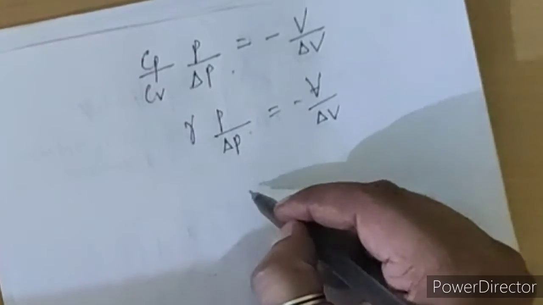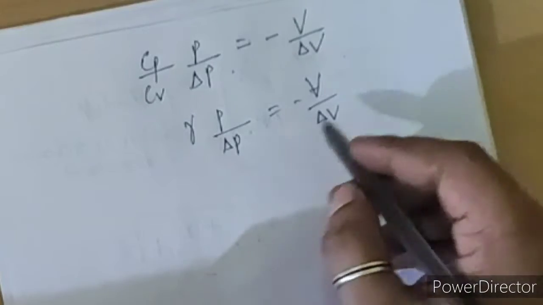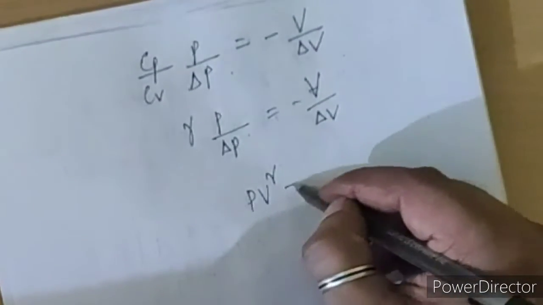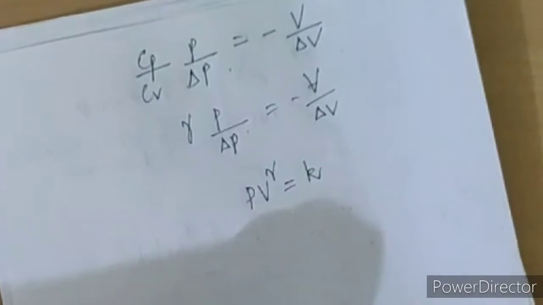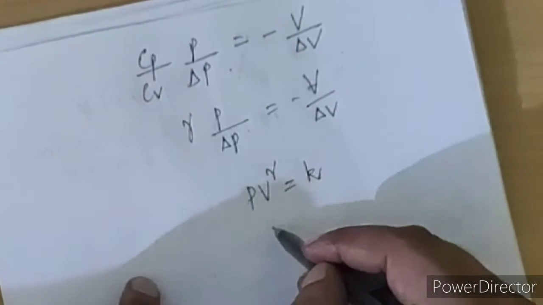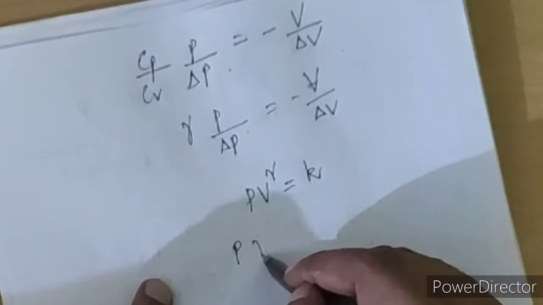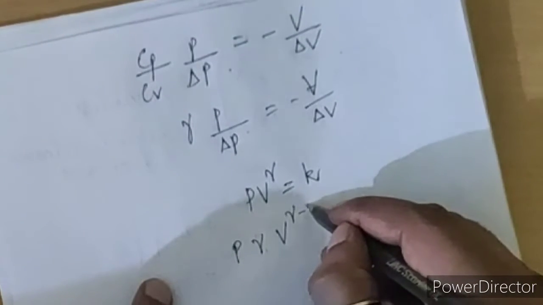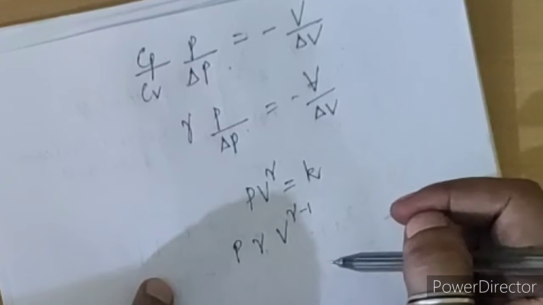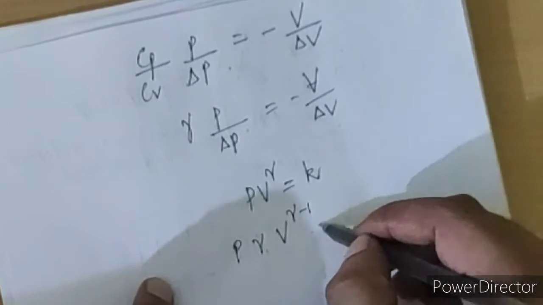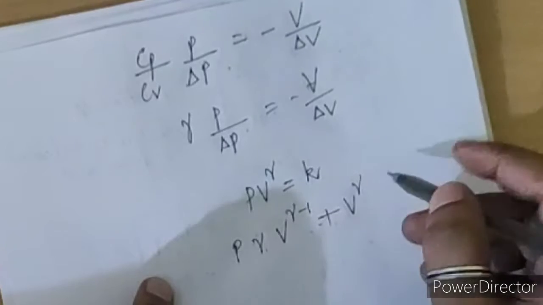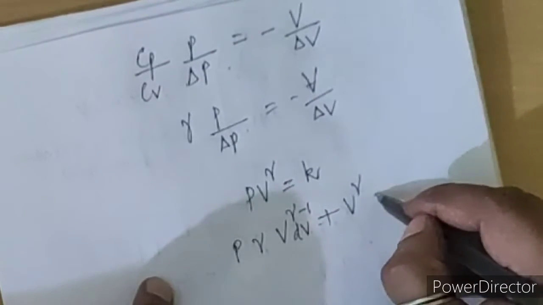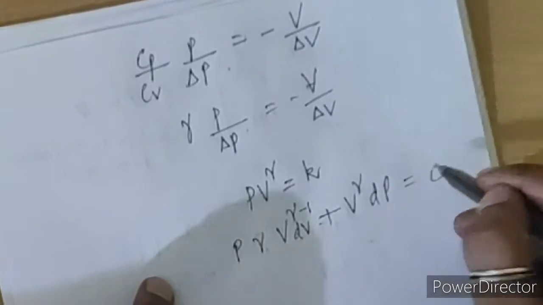So if we write this as PV raised to the power gamma is equal to some constant, we can write it like this: P gamma V gamma minus 1 plus V gamma, this is dV, this is dP is equal to 0.